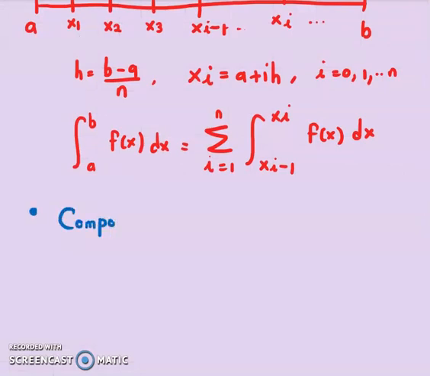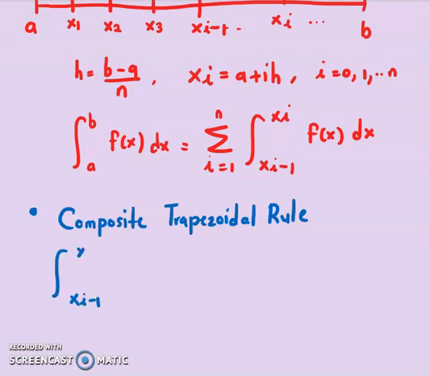So we have the composite trapezoidal rule, which can be written as the integral from xi minus 1 to xi of f(x) dx, which is equivalent to b minus a, the basic integration.